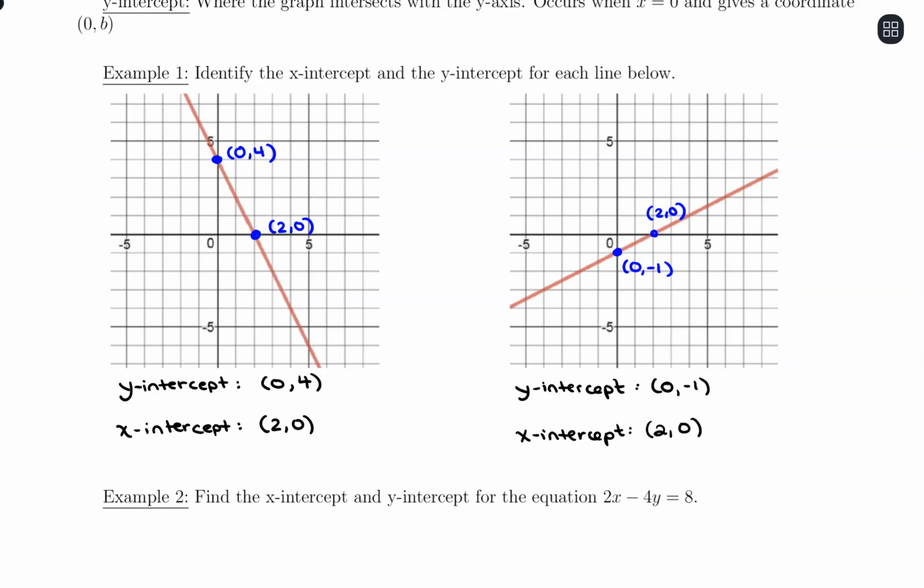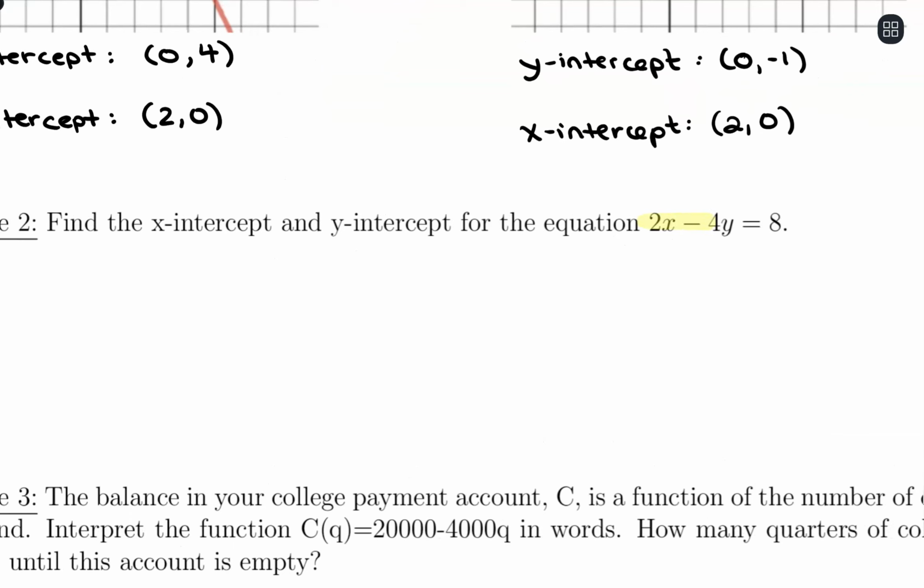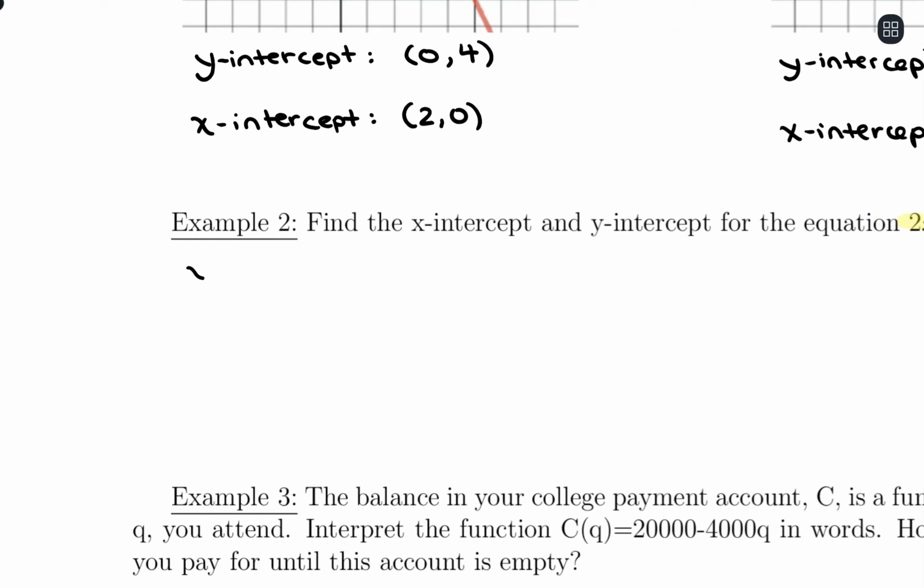If we want to find the x-intercept and y-intercept from an equation, so if we have 2x minus 4y equals 8, we're going to find these separately. So the x-intercept. To find the x-intercept, we want to set y equal to 0.